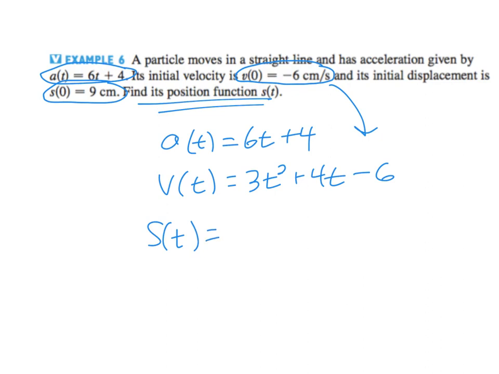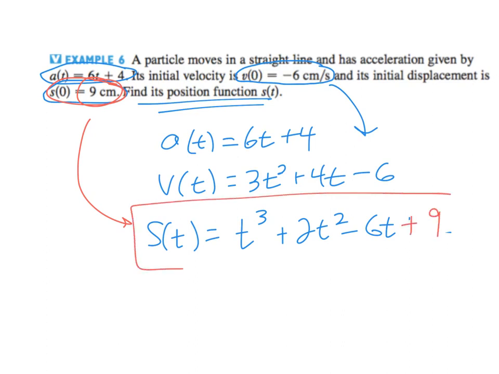So finding the antiderivative of velocity would be t cubed plus 2t squared minus 6t, and then plus a new c. And then this is where we use that last condition to find our new c. And since, again, it's a polynomial, if you sub in 0, that will be your c value there. And so if I plug that back in, my final answer would be this.